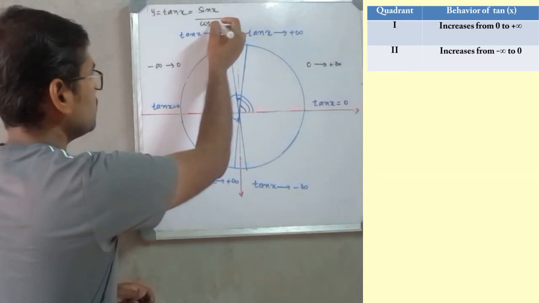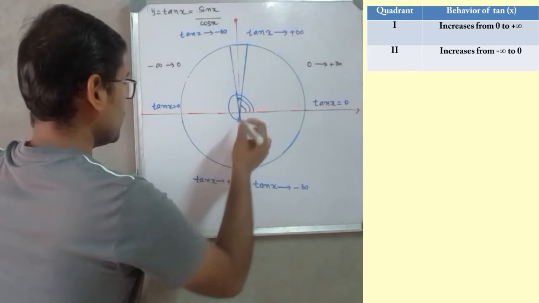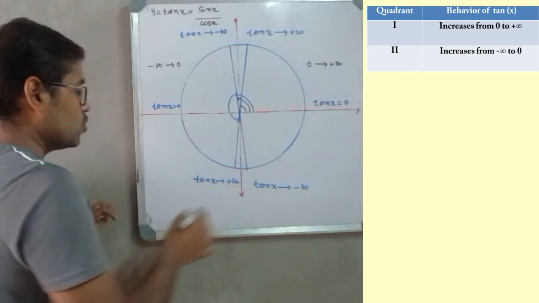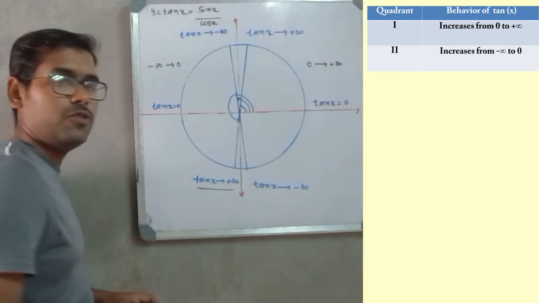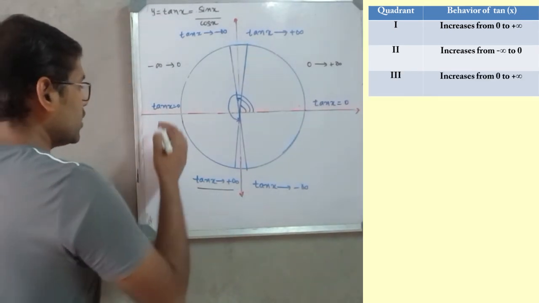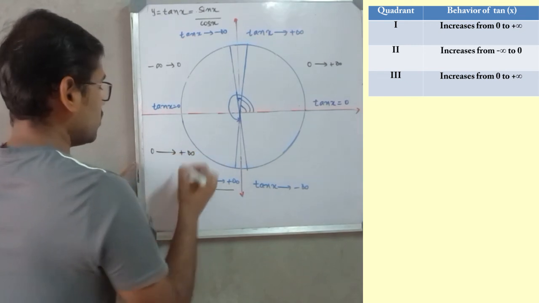Why? Because the value of cos x will be very small, right? So in this case, if the value of x is very close to 3 pi by 2 in the third quadrant, the value of tan x will be very large positive number.